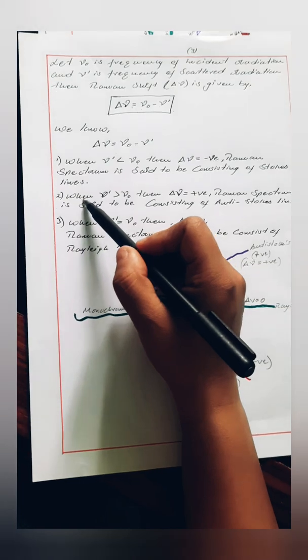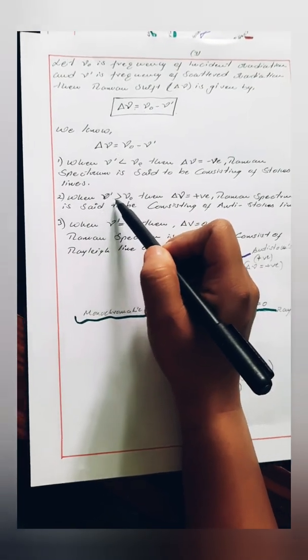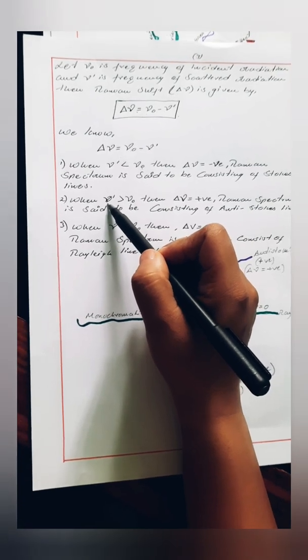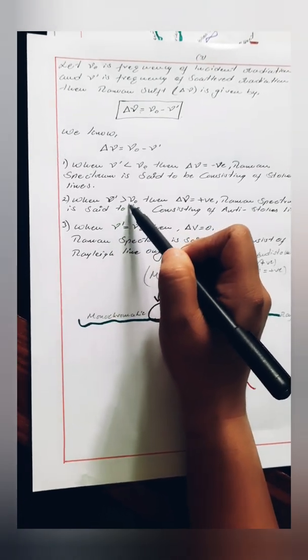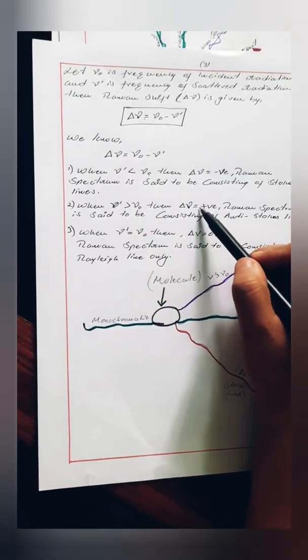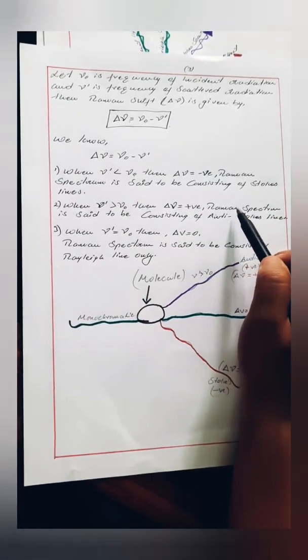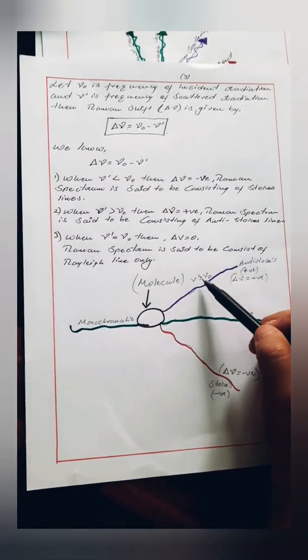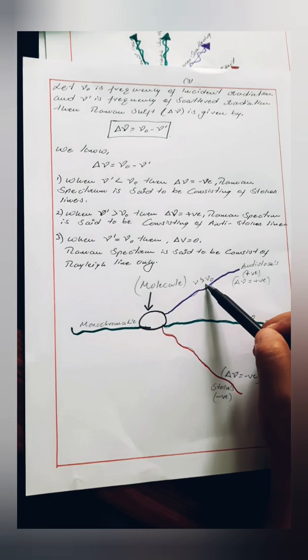And in the second case, when nu dash is greater than nu naught, when the frequency of scattered light is greater than that of incident light, then we get the value of Raman shift in positive. That is, Raman spectrum is said to consist of anti-Stokes lines, having the higher frequency than that of incident light.